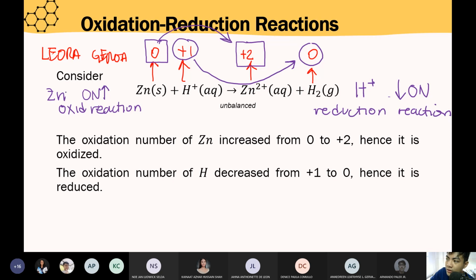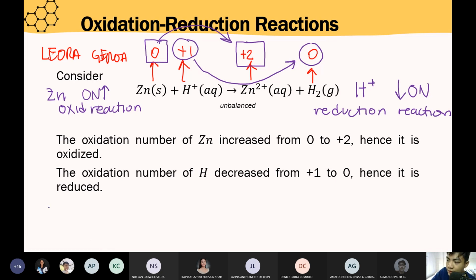So, zinc underwent oxidation reaction, making it positively charged, while hydronium ion, H+, underwent reduction reaction to produce hydrogen gas. Okay? And as you can see, partners sila, no? Pag may isang oxidation, matic yung kabila, dapat reduction. Okay? So, yan. So, ganun lang, no? Kung yung isa oxidation, tumaas yung kanyang oxidation number. Pag yung isa bumaba oxidation number niya, ibig sabihin doon, reduction reaction yan.